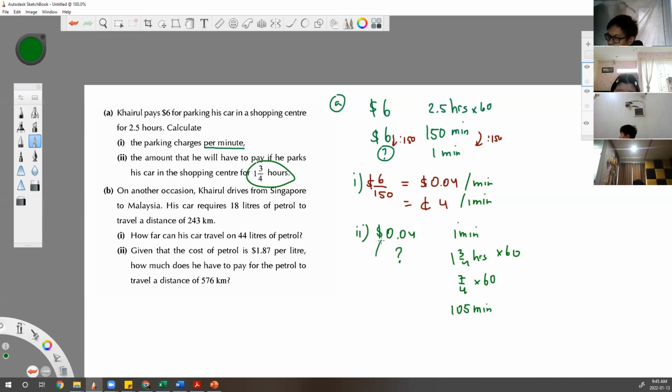So 0.04 times 105 minutes, because 1 minute is $0.04. I want you to remember these rules. This is the semester 1 rules, 4.2.